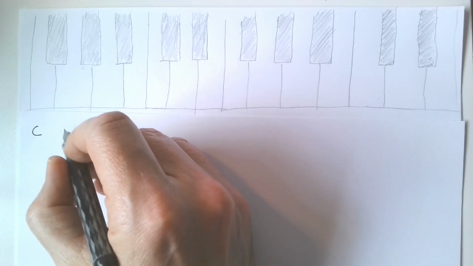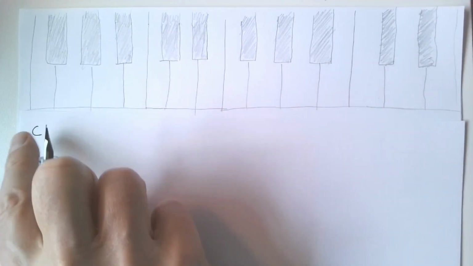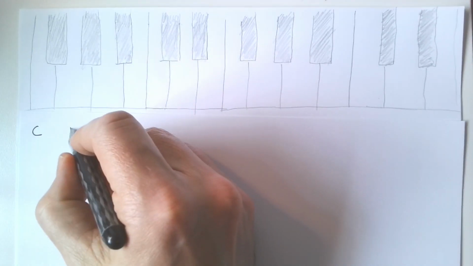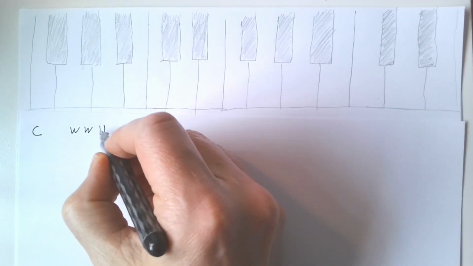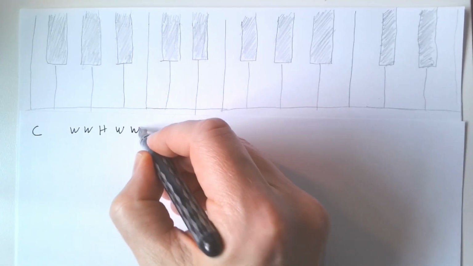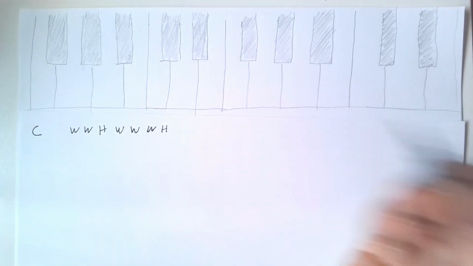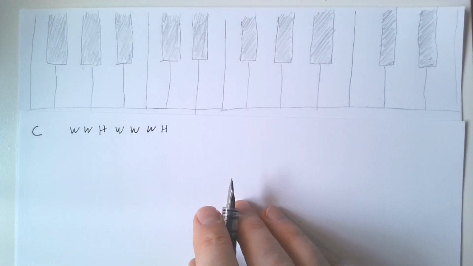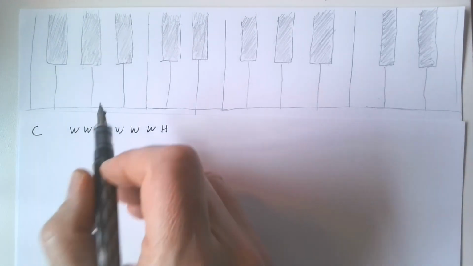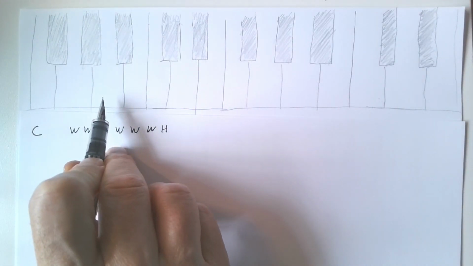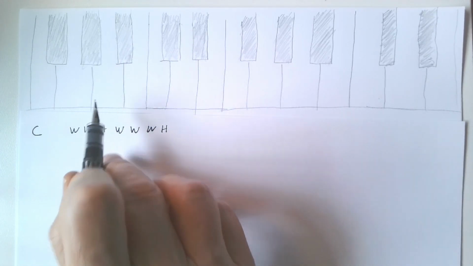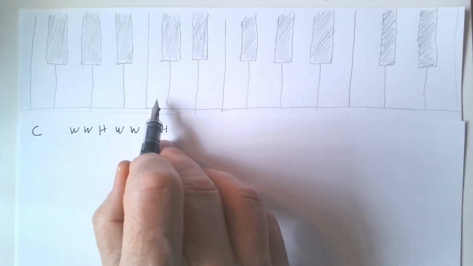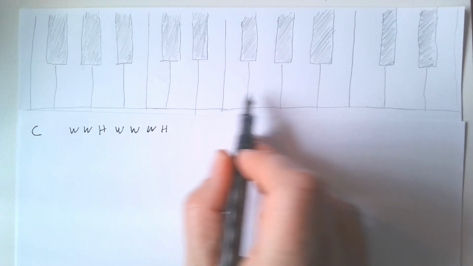Let's infer the key, because the key is whatever you're in, and I'm just going to say whole, whole, half, whole, whole, whole, half. Okay? Now, we also said that the natural minor is the same pattern, but you have to start on the A key. So for A, you would get whole, half, whole, whole, half, whole, whole.